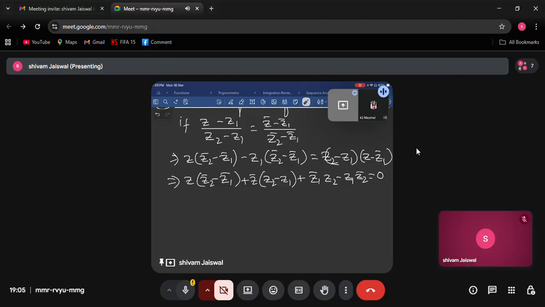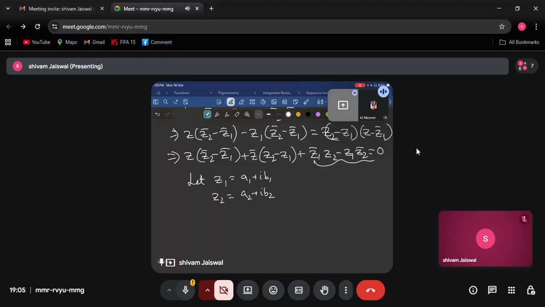Okay. Next, thinking about this complex number, let Z1 be equal to A1 plus iota B1 and Z2 be equal to A2 plus iota B2. Okay, everyone, pay attention.